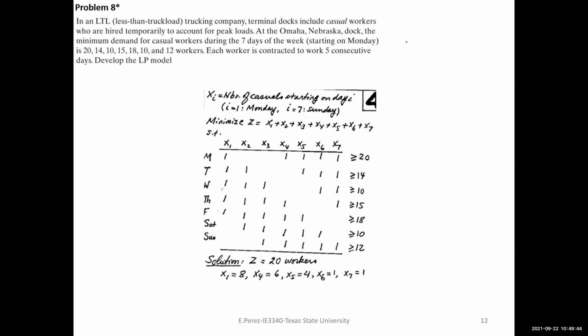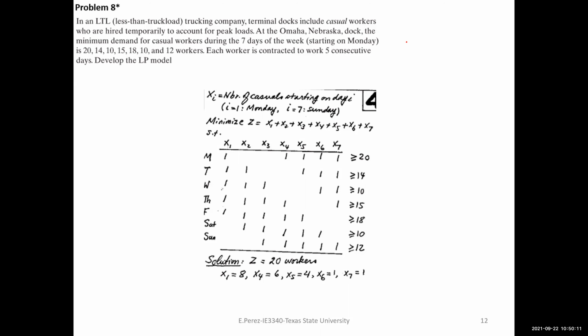X2, you're starting on Tuesday, working to Saturday, and so on. So on Monday, you will have the people that started working on Monday, Tuesday, Wednesday, Thursday, Friday, Saturday, and Sunday.